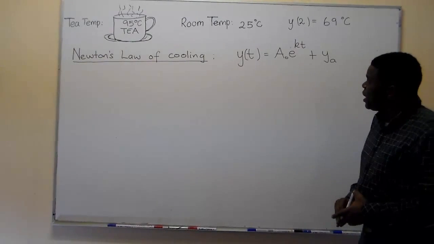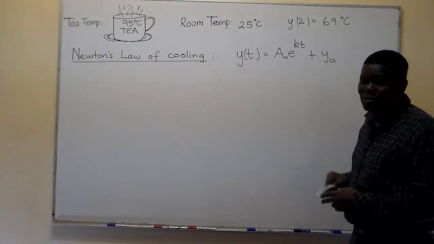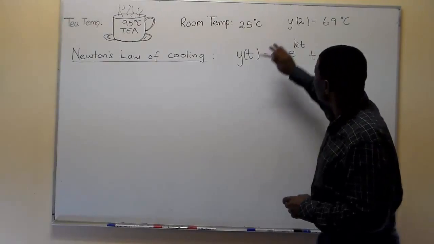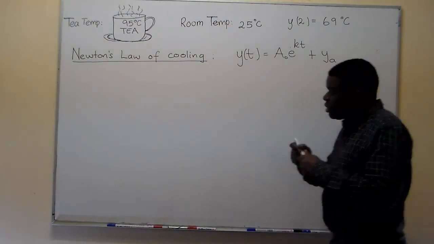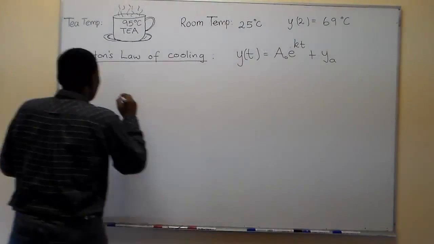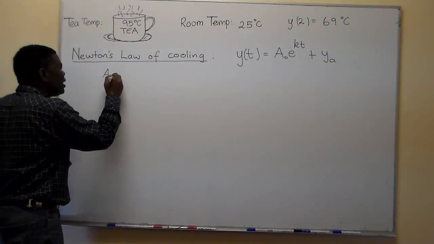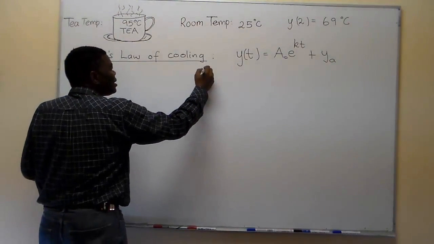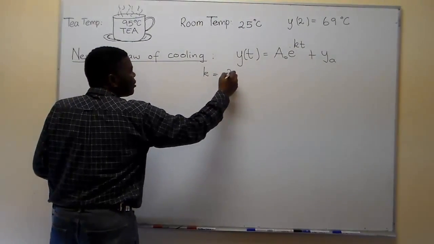So now, if we were to find this function which describes this particular situation, given these initial conditions, the task consists in determining the value of A0 and also determining the value of k.